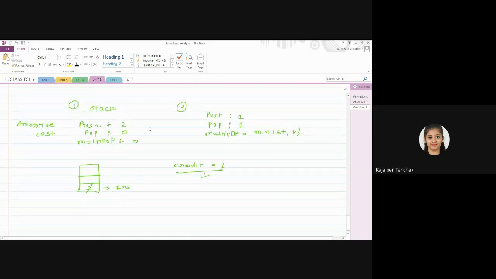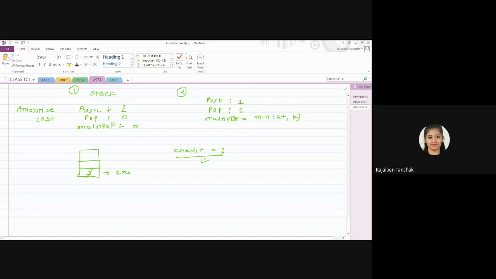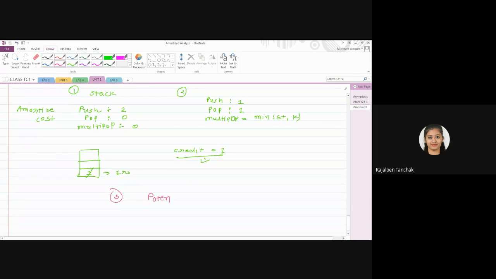Here we assumed the amortized cost for push is 2, for pop 0, and for multi-pop 0, and these are the actual costs for push, pop and multi-pop, which we defined in the aggregate method. Now this method is very similar to the accounting method, but the difference is only in the credit.